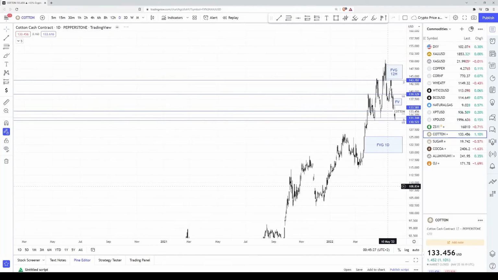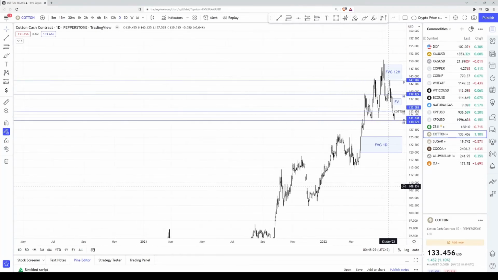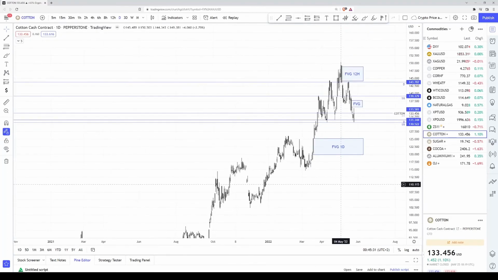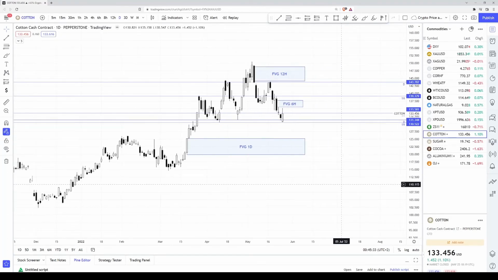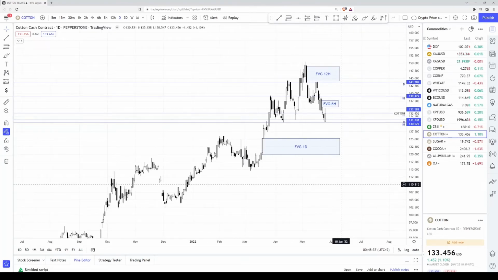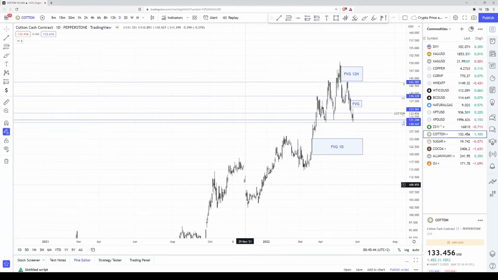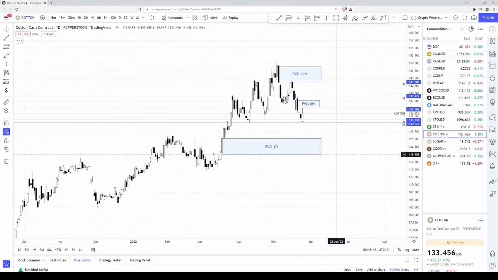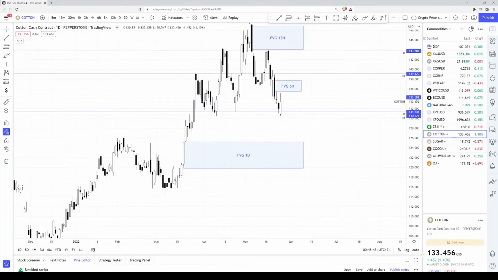If I look at cotton, I have marked the levels here, but there is not a favorable trade for myself, so it's not really moving in a range. Here it looked like it would go on a downtrend potentially, but it's not something interesting for me to take.